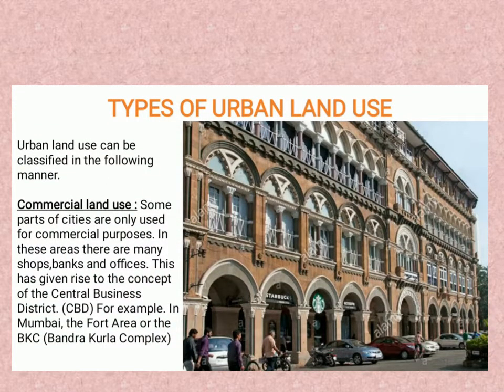So in urban areas, the land is used for commercial use or for commercial purpose. Some parts of city are only used for commercial purpose. Are you getting it, students? Commercial land use or for commercial purpose, the land is being used.